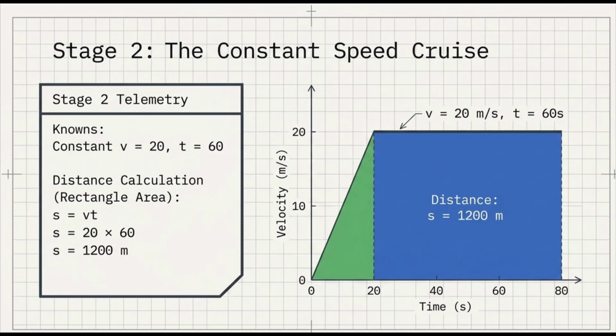So the distance traveled equals the area of the rectangle, length into width. Here v is 20 and t is 60, so the distance will be 20 into 60, that is 1200 meters. Since velocity remains constant, acceleration is 0. This stage contributes the largest distance to the overall journey. So this is how we do the calculation.